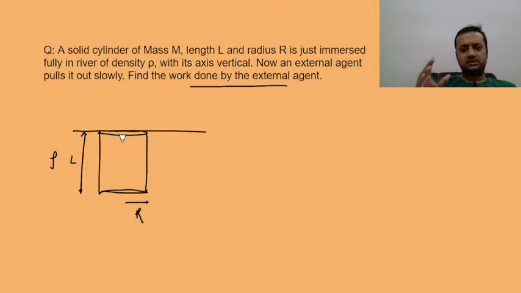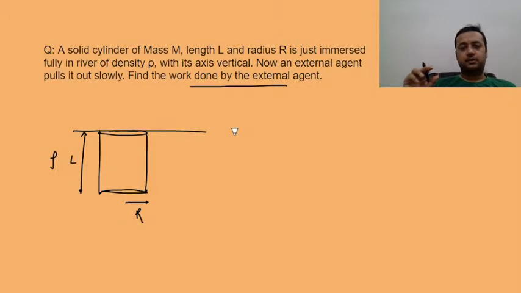If you think rationally, you will come to the number 3: there are 3 forces acting. Of course, we are neglecting viscosity and air resistance. The forces are the external agent force, gravity, and the buoyancy force.